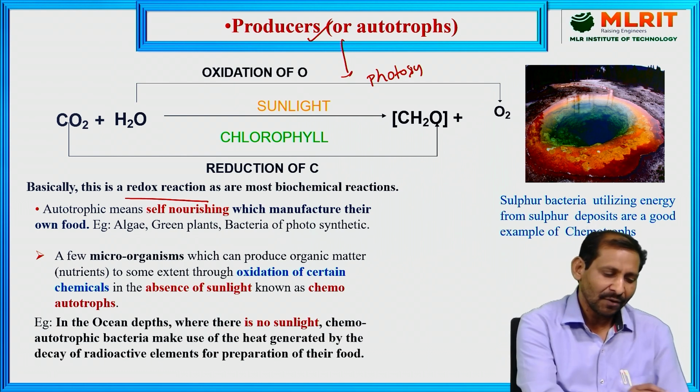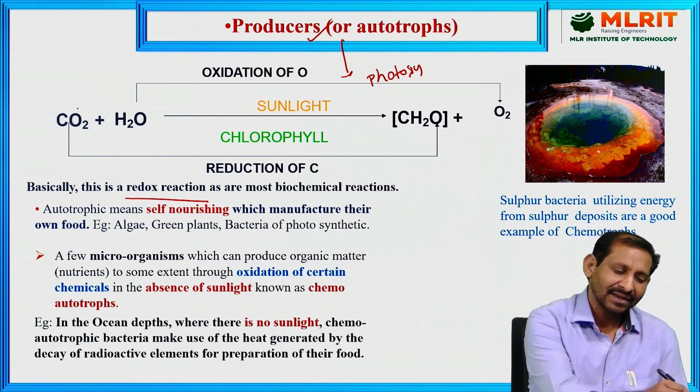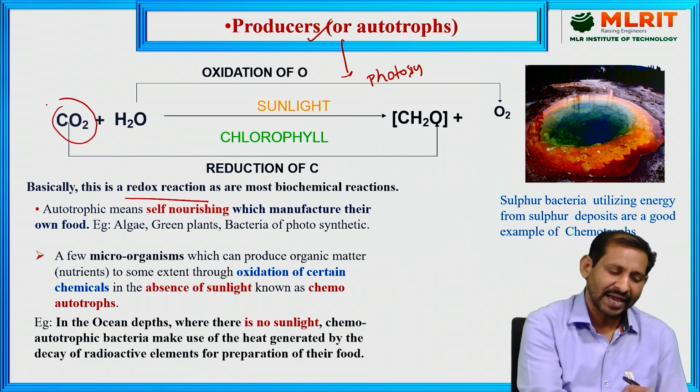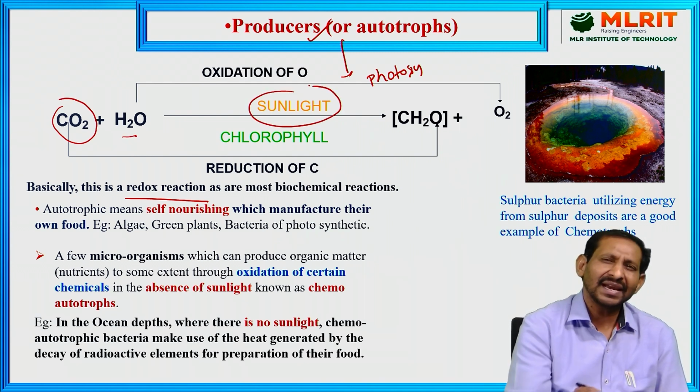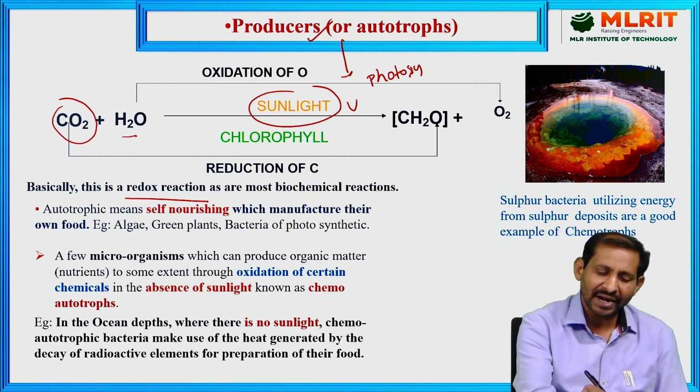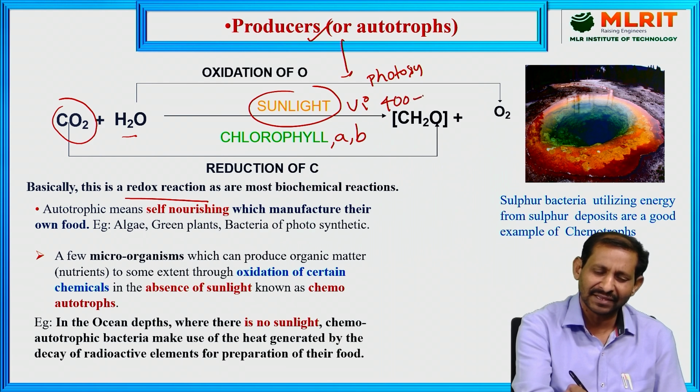In the photosynthesis reaction, atmospheric carbon dioxide is utilized in the presence of water and sunlight. This sunlight, majorly visible light, is absorbed by chlorophyll A and B. Visible light wavelength is between 400 and 700 nanometers.